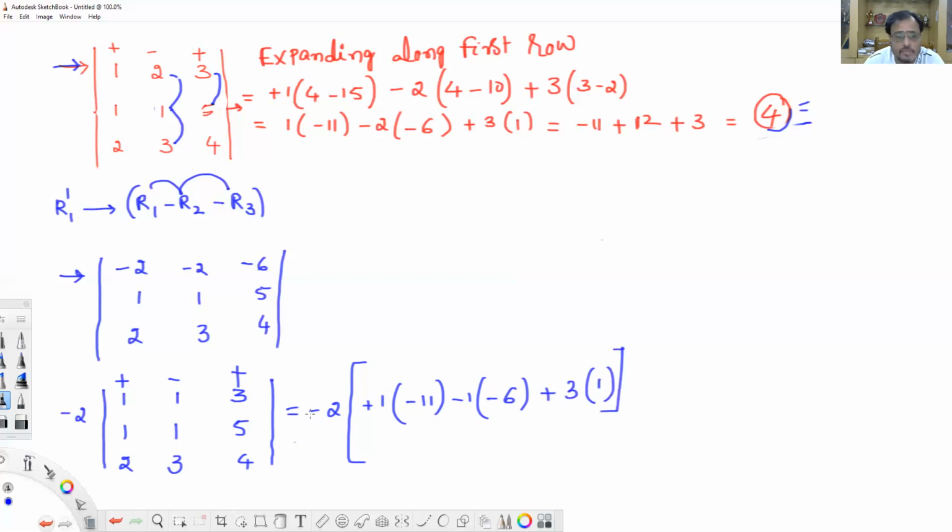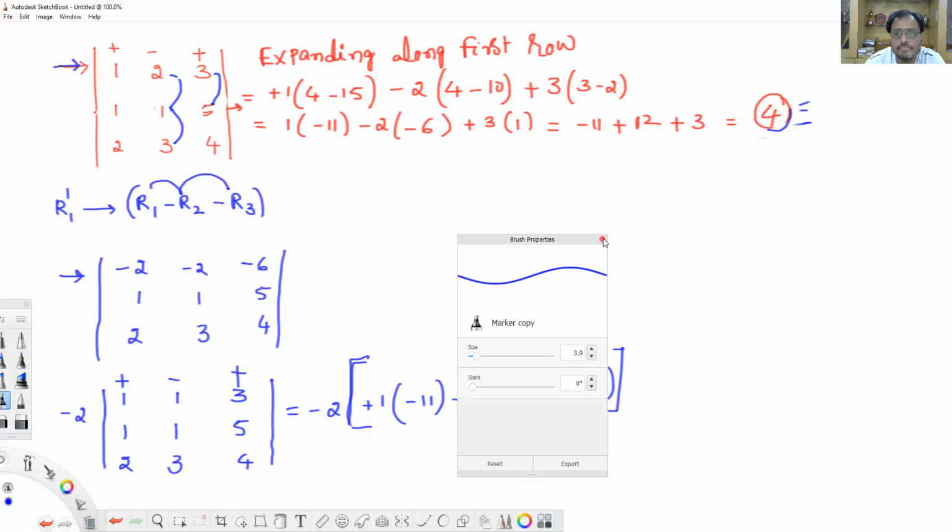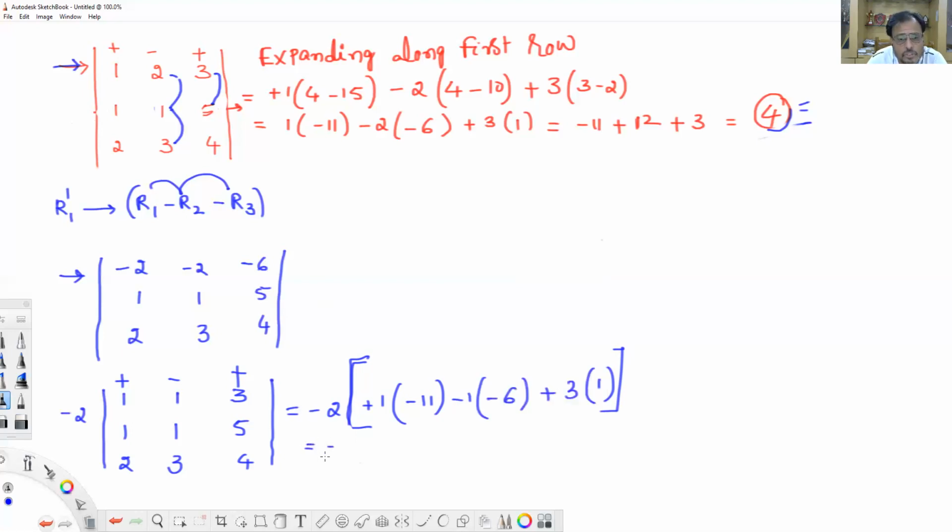What will the result be after this? Look here, I'll just show you now. The result is minus 2 into minus 11 plus 6 plus 3.